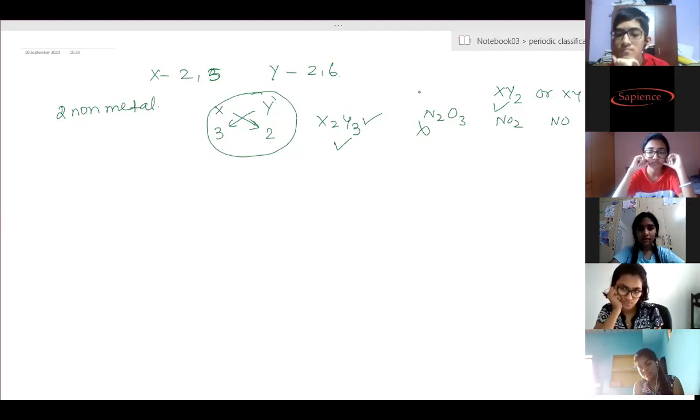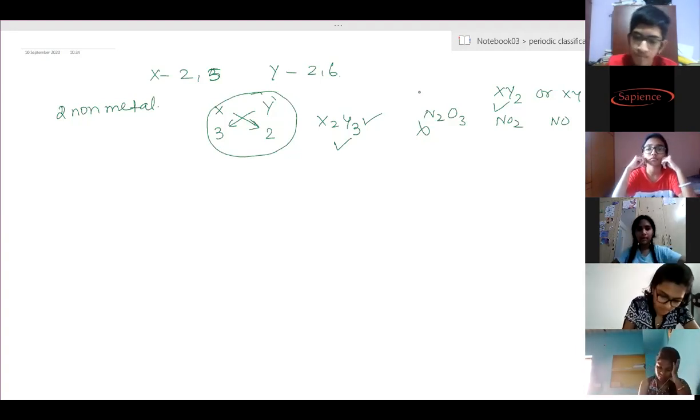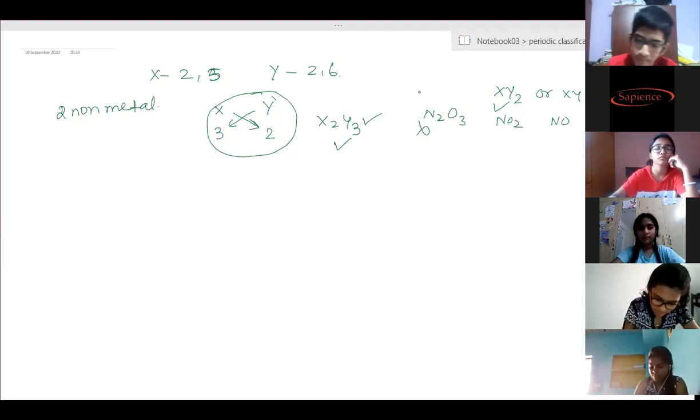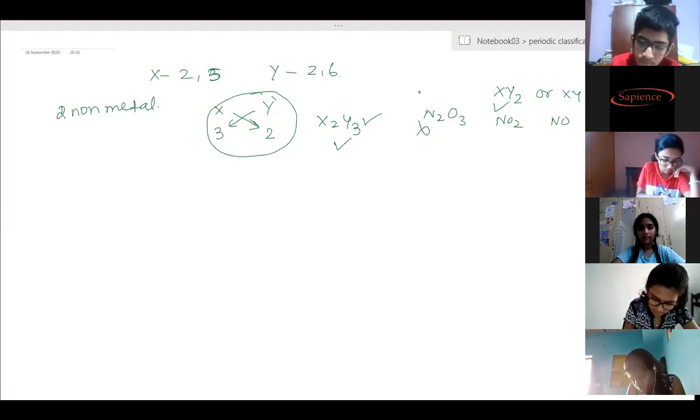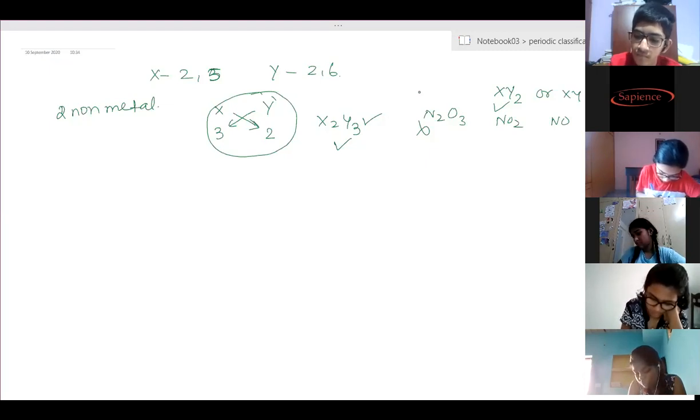They have asked one question. An atom X has mass number 35. Number of neutrons is 18. State its position in the modern periodic table.